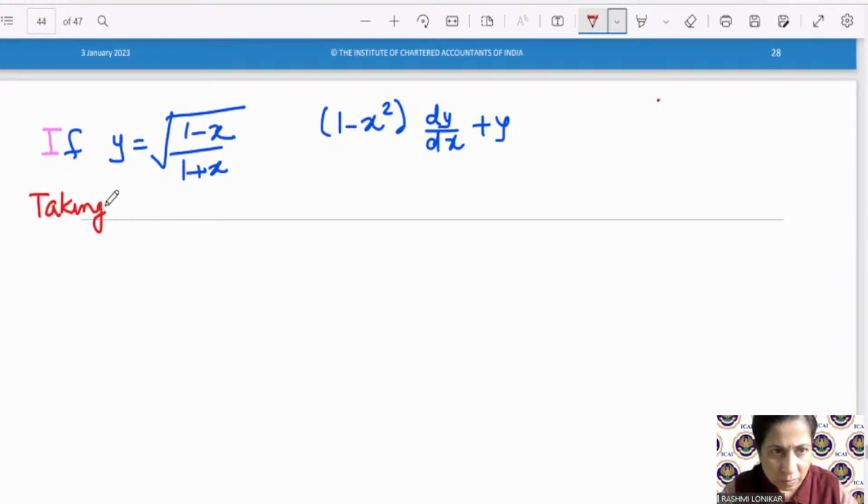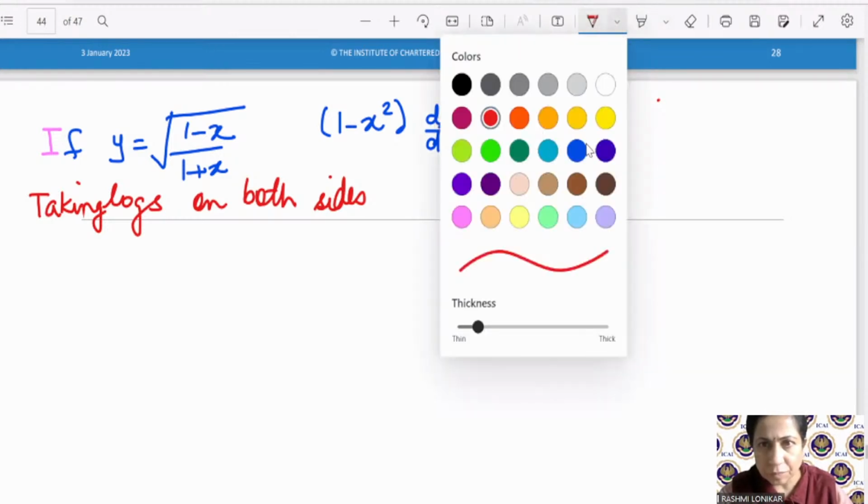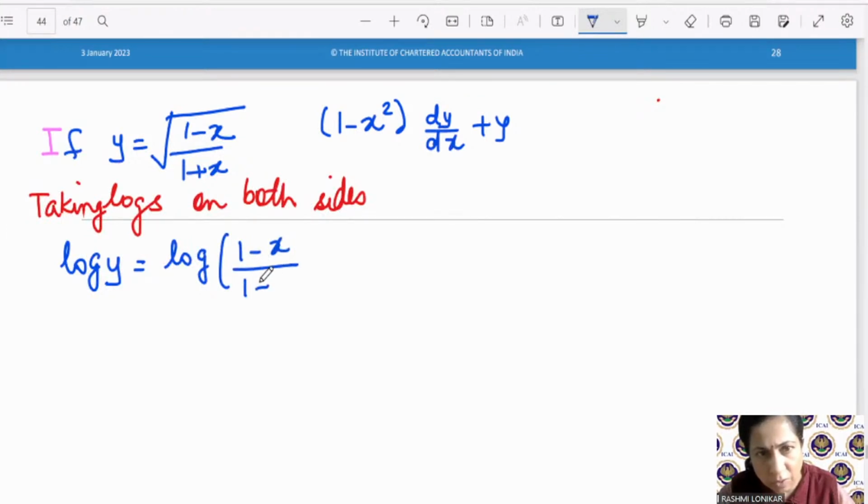Taking logs on both sides. So I have log y equal to log of ((1 minus x) upon (1 plus x)) raised to half, because this is the square root.